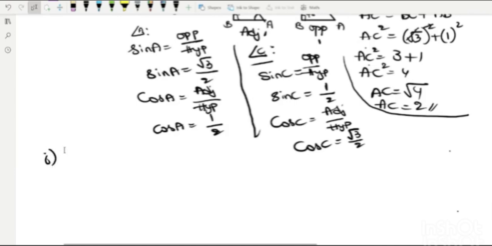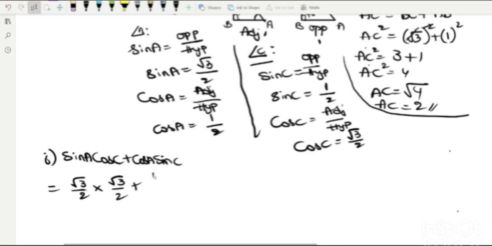The first question is sin A cos C plus cos A sin C. The value of sin A is root 3 by 2 and cos C is root 3 by 2, plus the value of cos A is 1 by 2 and the value of sin C is 1 by 2. Here you can write 2 into 2, 4, root 3 into root 3 whole square, plus 1 into 1, 2 into 2, 4.